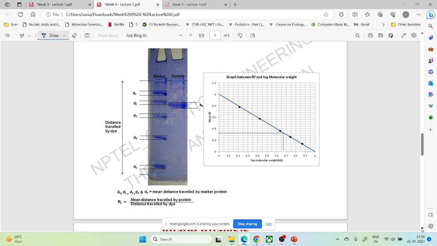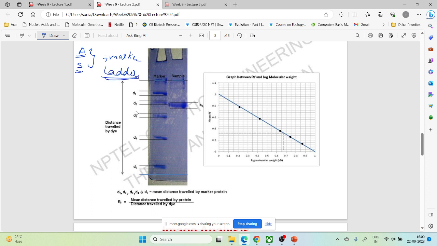So just quickly we'll see the image analysis part. In image analysis, you always have a marker. Marker means ladder. Either you are doing agarose or SDS-PAGE, you always have to have a marker, also known as a ladder.